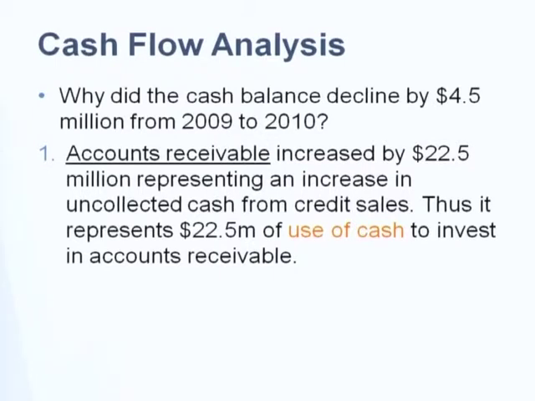More account receivable doesn't mean the company has received cash yet. Account receivable means you're still waiting for the cash from the customer. If you have more account receivable, you invest your cash in your customer. So this is a use of cash of 22.5.